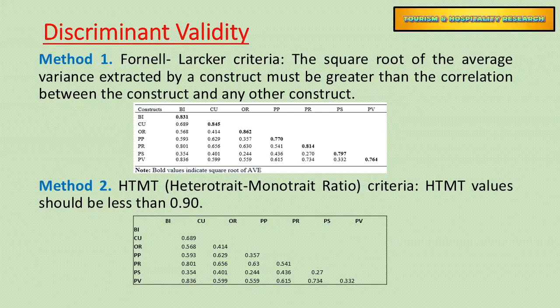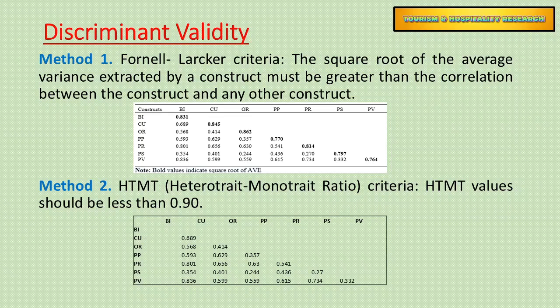So if I see the CU construct, look over here. CU's correlation with itself is 0.845, which is a higher value than any of the values adjacent to it in the vertical and horizontal bars.